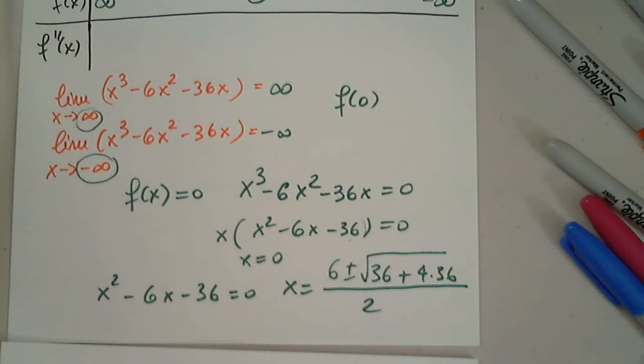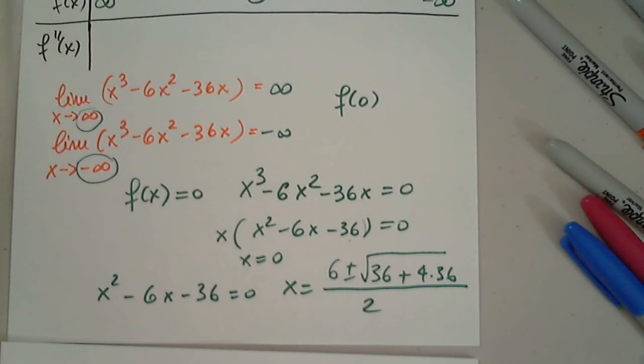So clear. So I have in parentheses for the top 6 plus the square root of 36. You know me, I have to have parentheses. Plus 4 times 36. And come outside, close the parenthesis, and divide by 2.